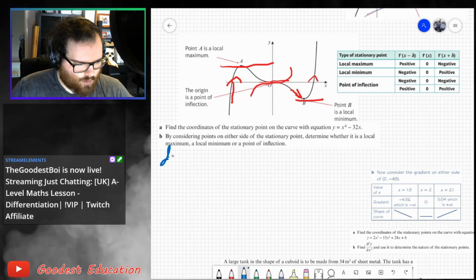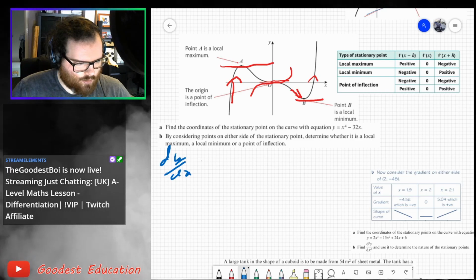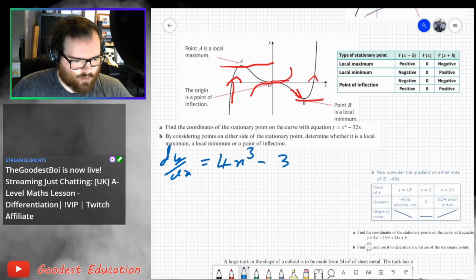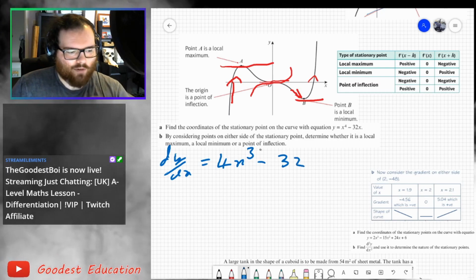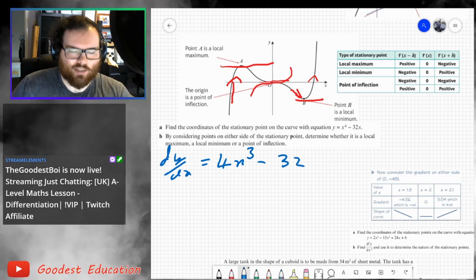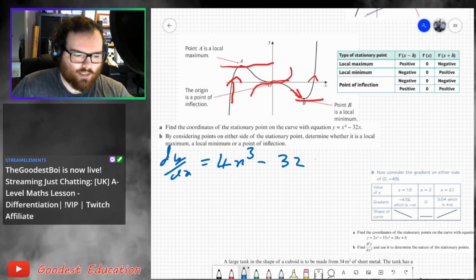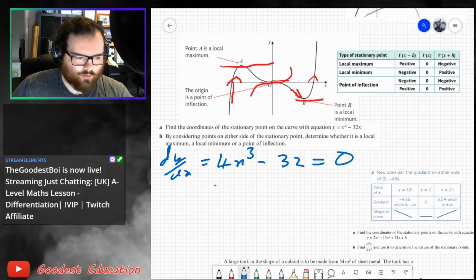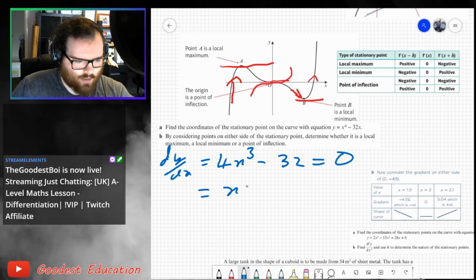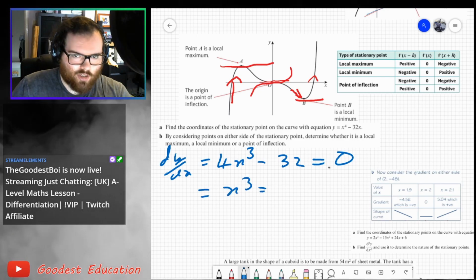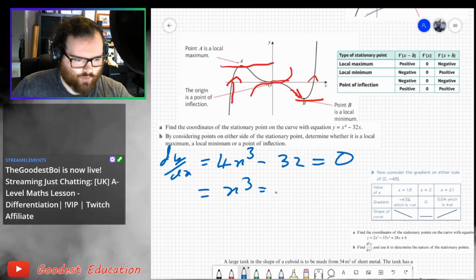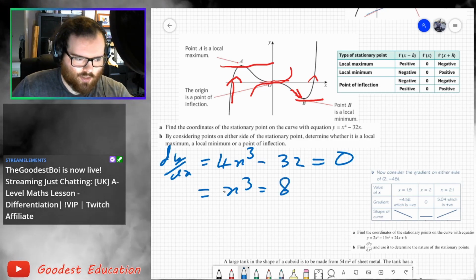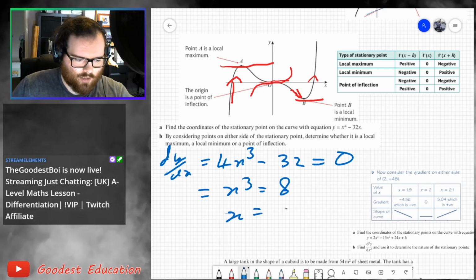So the gradient dy/dx is going to be equal to 4x cubed minus 32. But how we find a stationary point is when the gradient is equal to 0, which means that dy/dx is equal to 0. And then we solve this equation. So you're going to have x cubed, move the 32 over, and then divide by 4, going to be 8. So then x is going to be equal to 2.